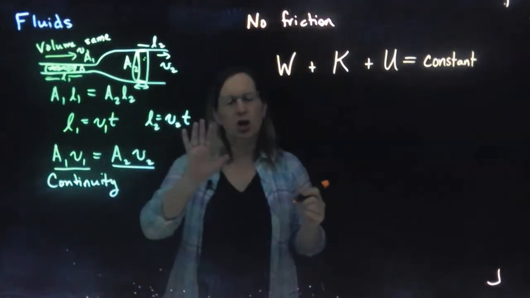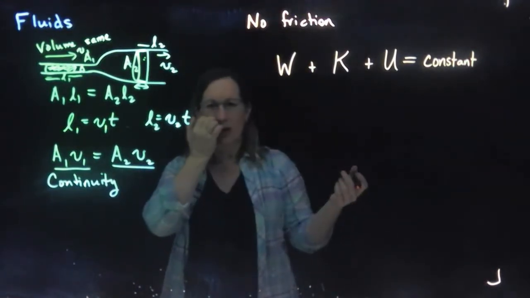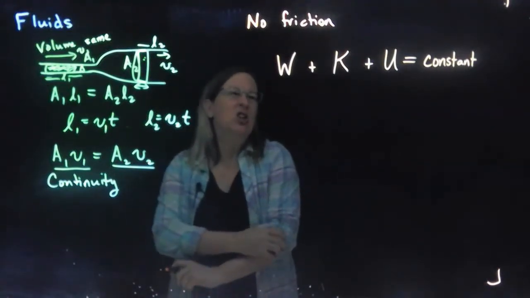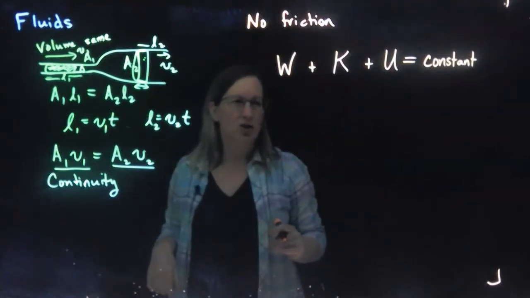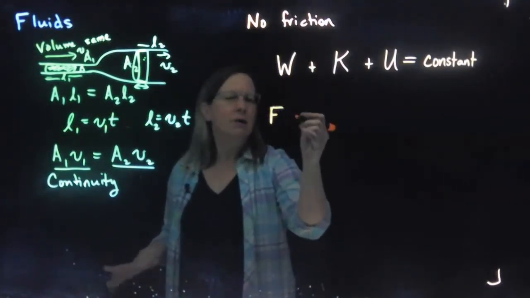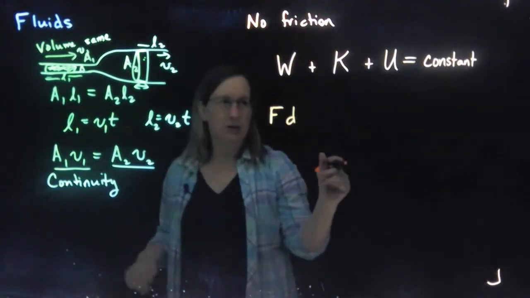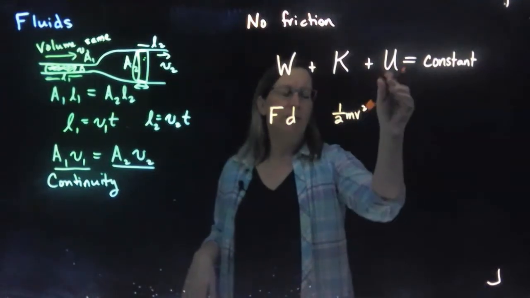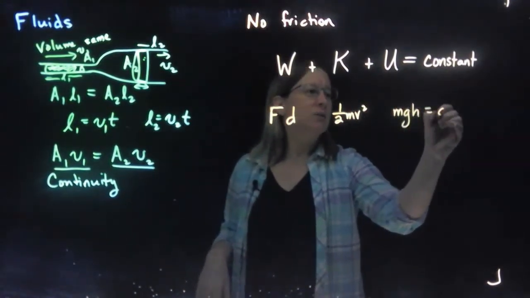In other words, the work goes into either kinetic energy or potential energy. We've got no friction, so we don't have any thermal energy. So work, if you remember, is force times a displacement. Kinetic energy is 1/2 mv squared, and gravitational potential energy is mgh, right? Equals a constant.